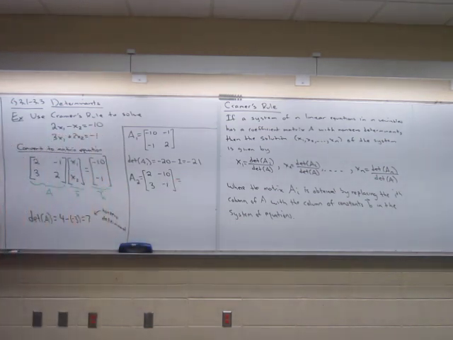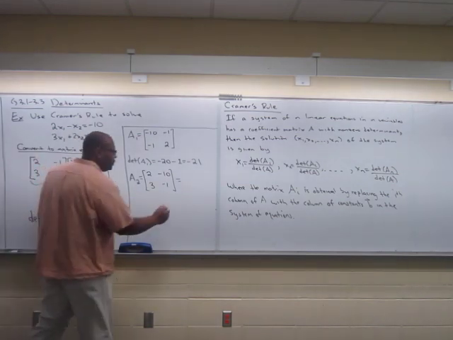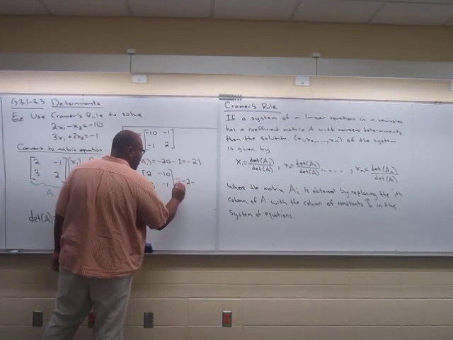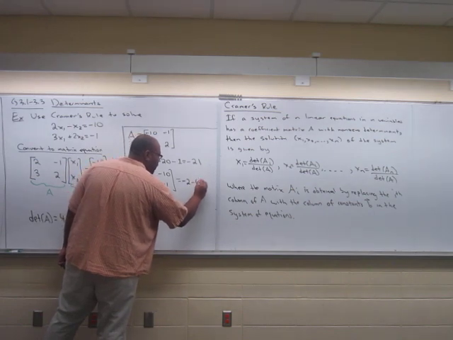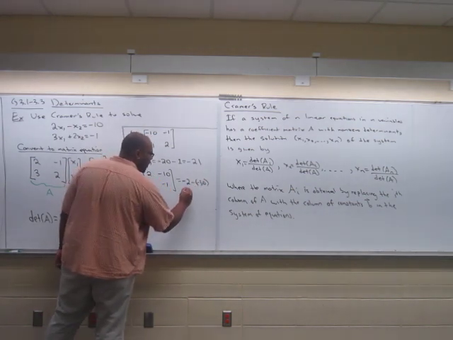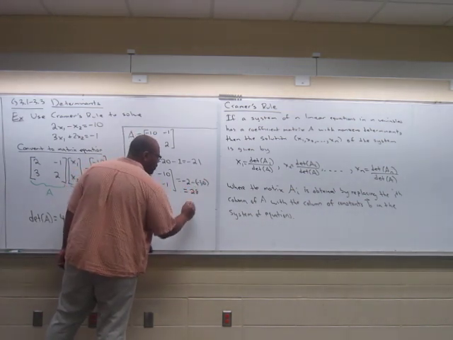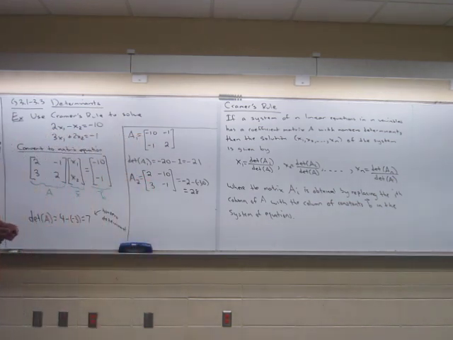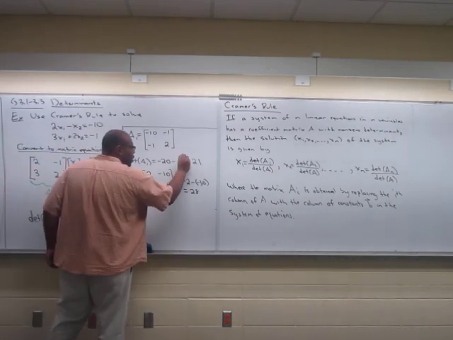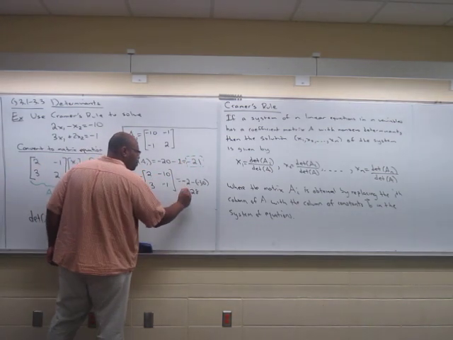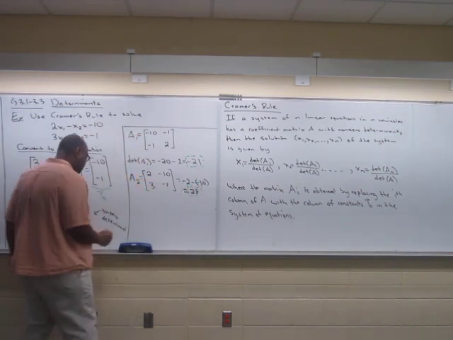If I did that correctly, I get -2 minus a -30, which is, I think, a +28. Okay, those are the answers here.